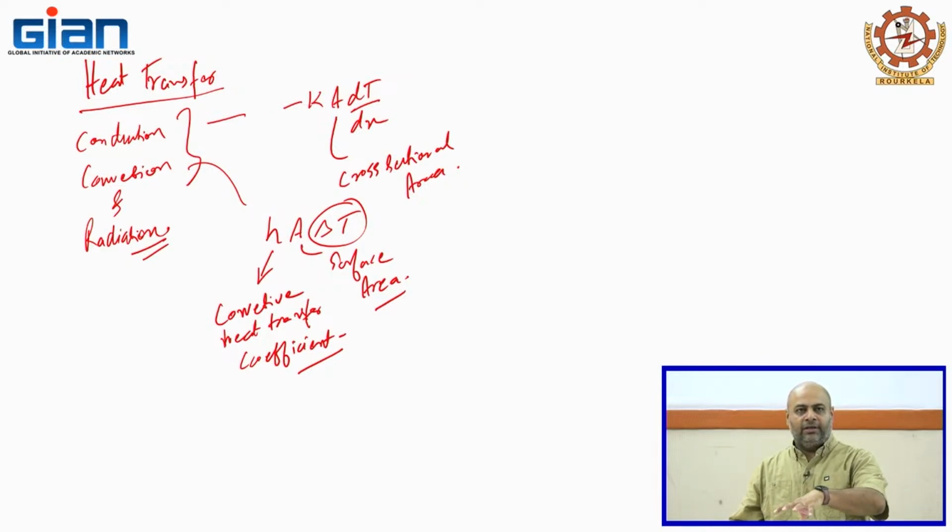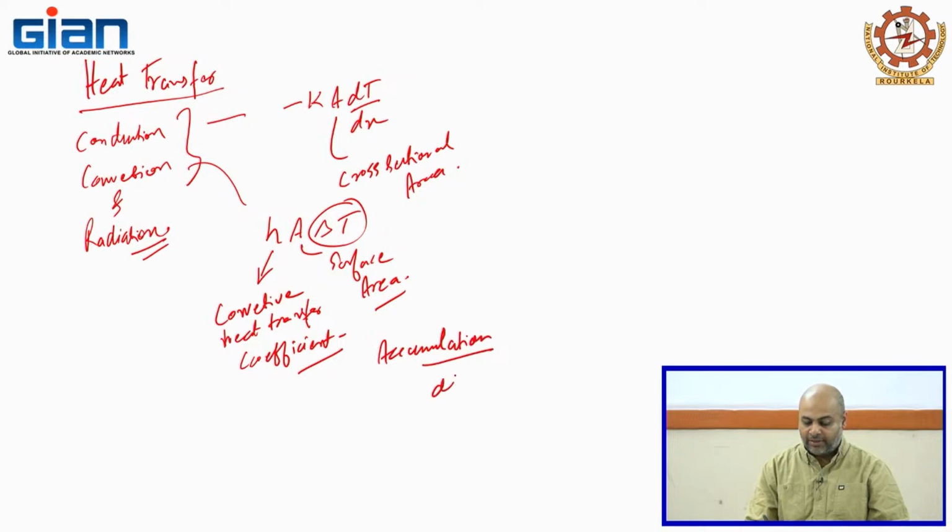Now, these are the most basic, right? And after this, we get into the governing equation, where you have your in minus out plus generation is equal to accumulation, right? So the accumulation term is always given as dT by dt.